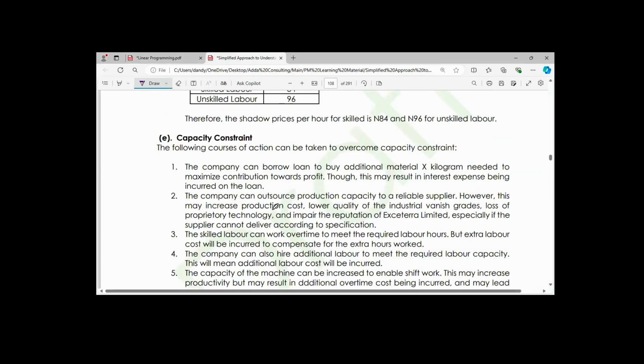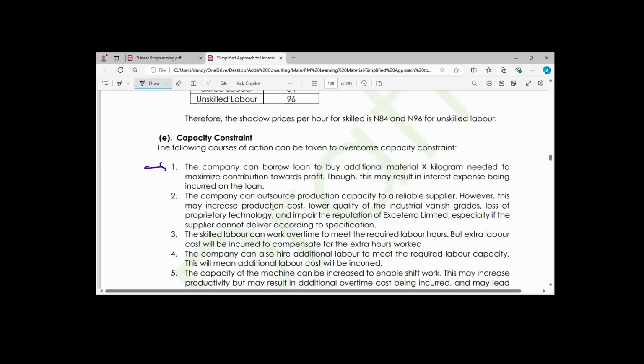So that's what I explained in this first one. The company can borrow loan to buy additional material X kilogram needed to maximize contribution towards profit, though this may result in the interest expense being incurred on the loan. Then number two, the company can outsource production capacity to a reliable supplier.